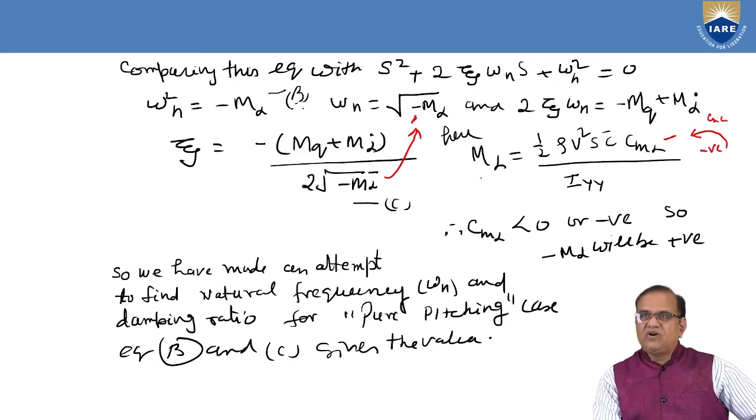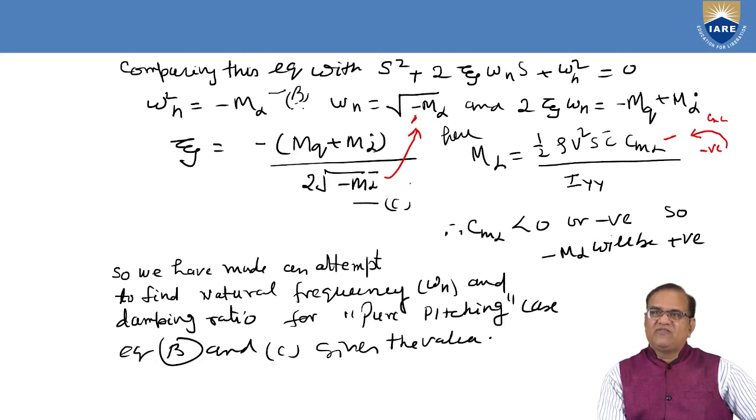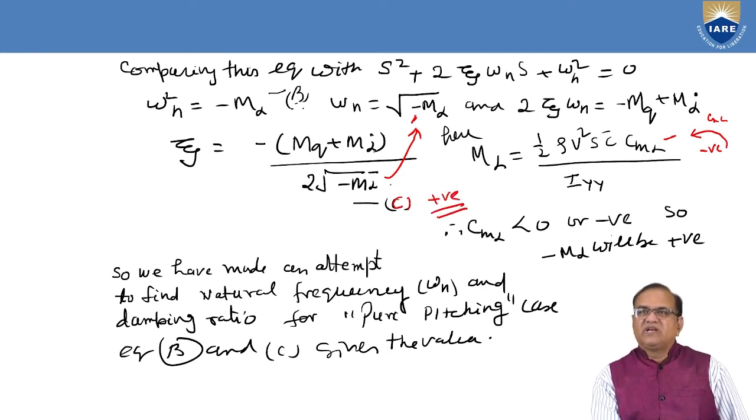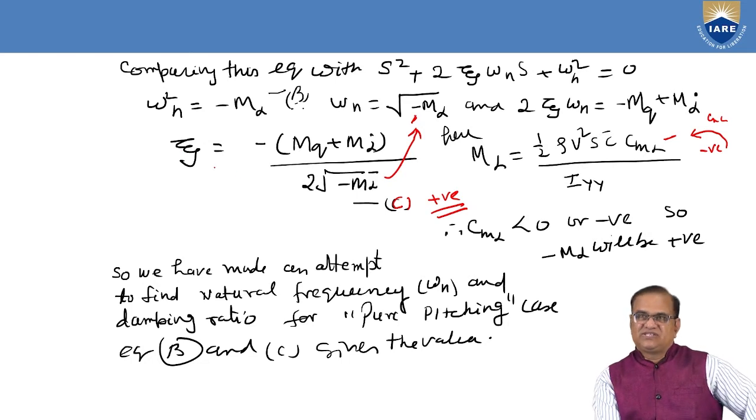So this negative and this negative will become positive. So Cm alpha is negative, or minus m alpha will be positive. So the value of equation C here will be positive, not negative. From here we can find out the omega n, and we can also find out this zeta.